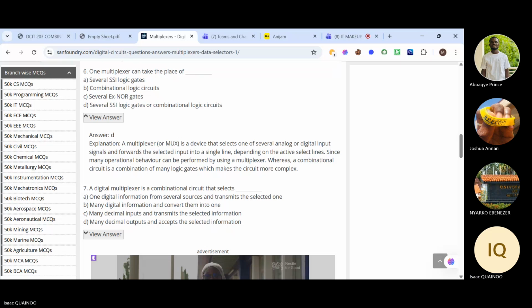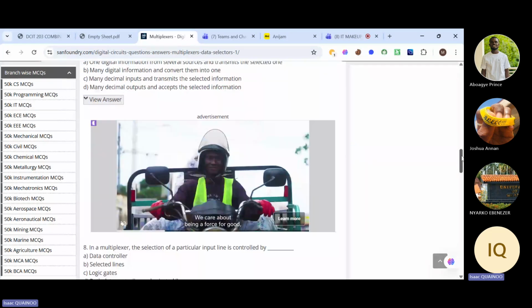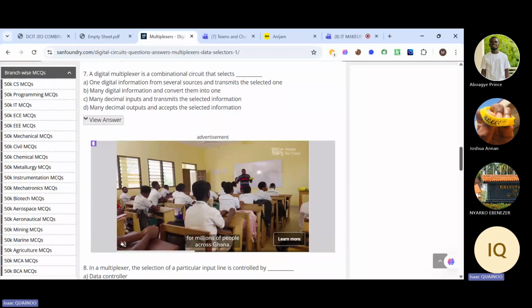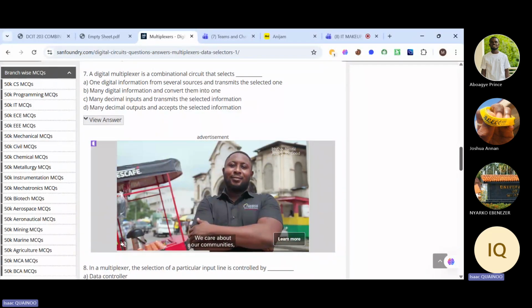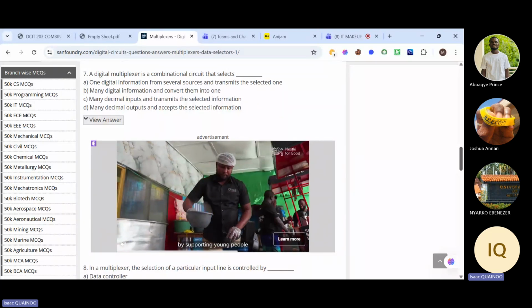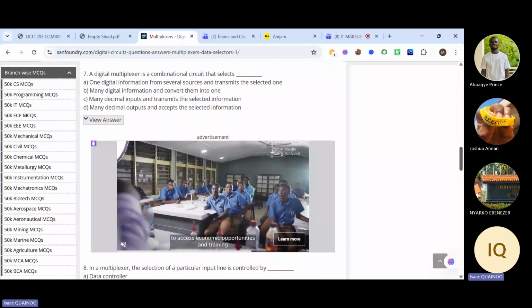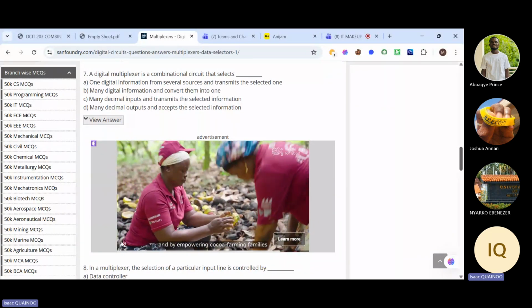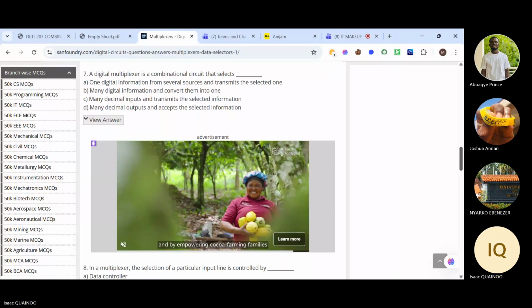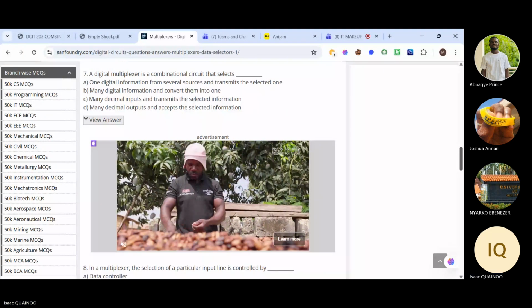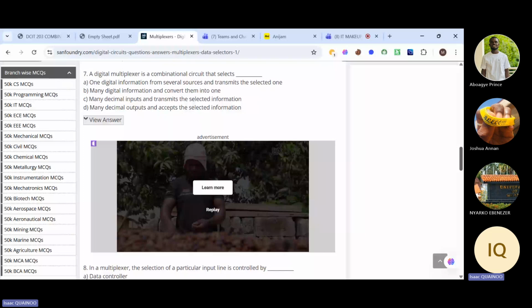All right. So let's go to question 7. A digital multiplexer is a combinational circuit that selects A, one digital information from several sources and transmits the selected one. B, many digital information and converts them into one. C, many decimal inputs and transmits the selected information.